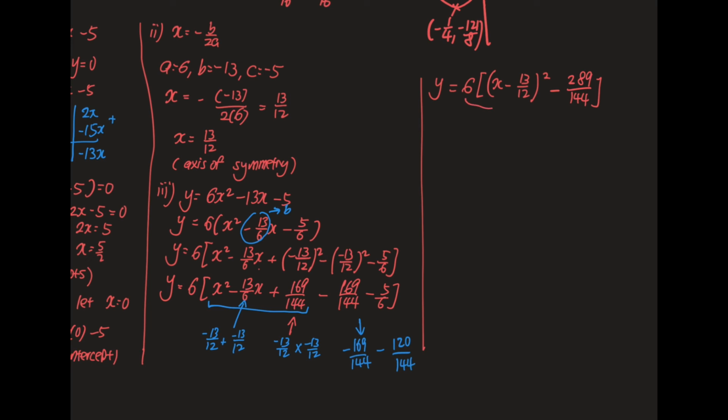Then I need to multiply 6 with this and that, then I get y equal to 6, x minus 13 over 12 squared minus 289 over 24.